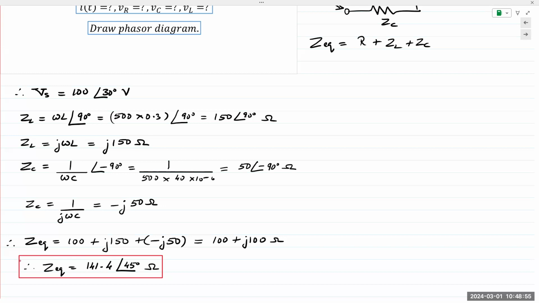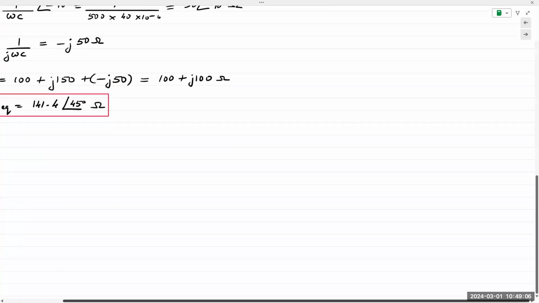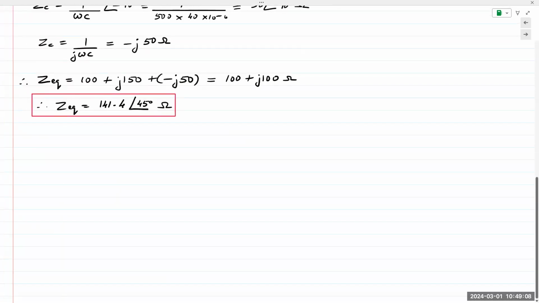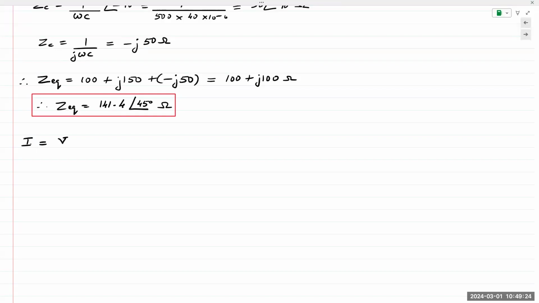Since I found ZEQ first, we will find current I, then we'll apply Ohm's law again to find the voltage. So total current I is the phasor for Vs divided by ZEQ.